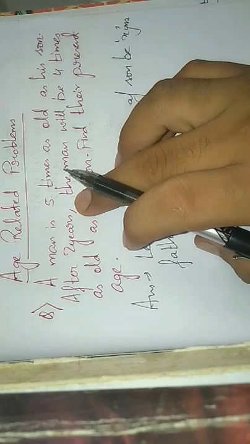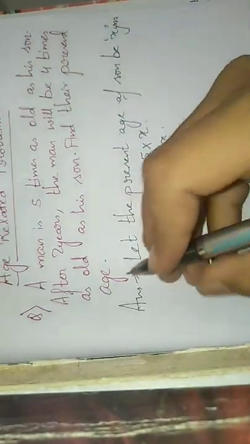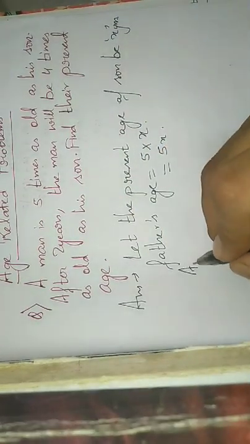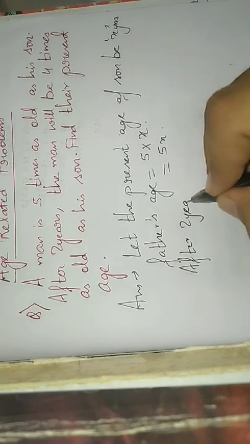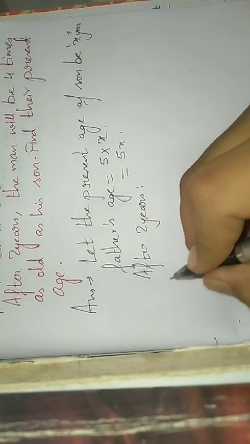After 2 years means now you need to write after 2 years. My age today is 28. My son's age is 1 year. So after 2 years, I will be 30 and my son's age will be 1 plus 2 means 3. That's why you have to halt over here and write their ages after 2 years.